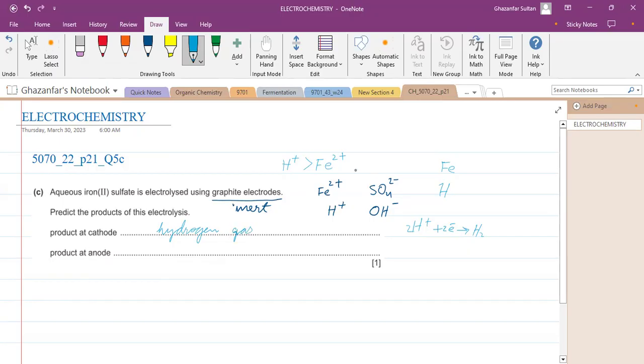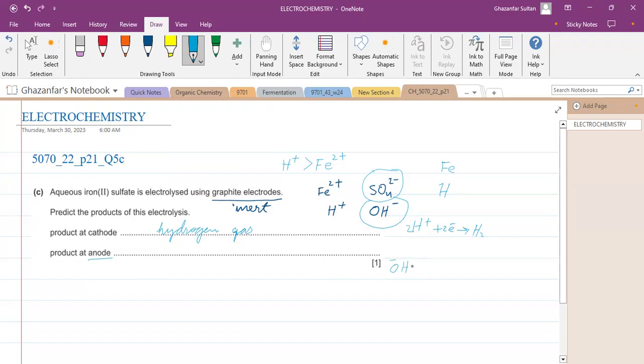Now the product at cathode is hydrogen gas, while at the anode there are two anions, sulfate ions and hydroxide ions. So preferably the hydroxide ion is oxidized. Oxidation occurs at the anode and reduction occurs at the cathode.